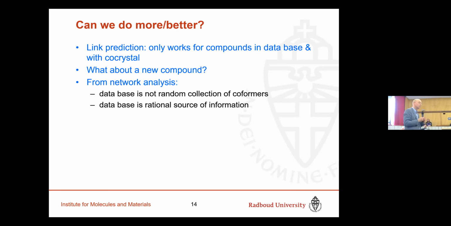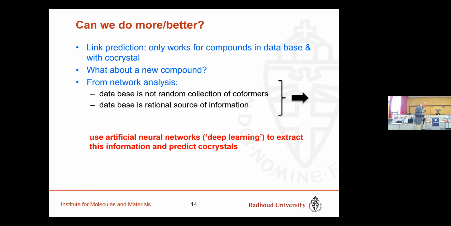Because what we learned from this network analysis is that there's actually a lot of information in there. It's a rational source. It's not just a random gathering of molecules. There's information in there. So if you can extract this information, that ought to be helpful in predicting useful combinations. And so this is what we have tried to do to predict co-crystals.